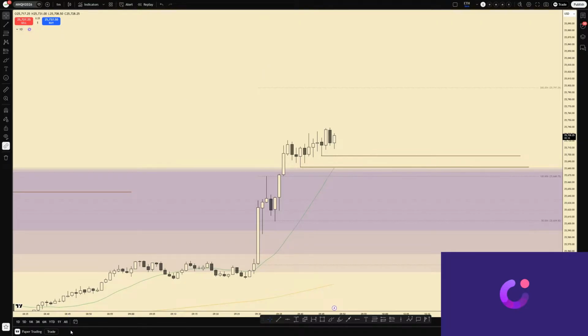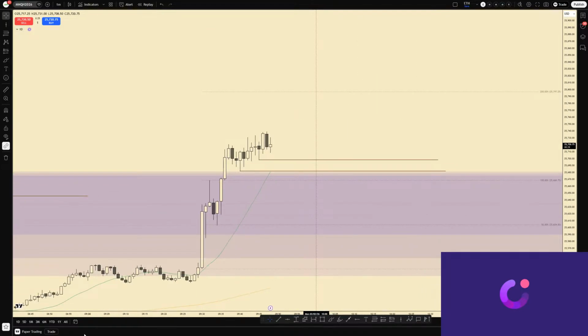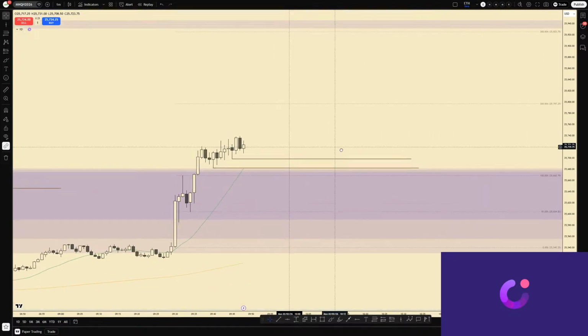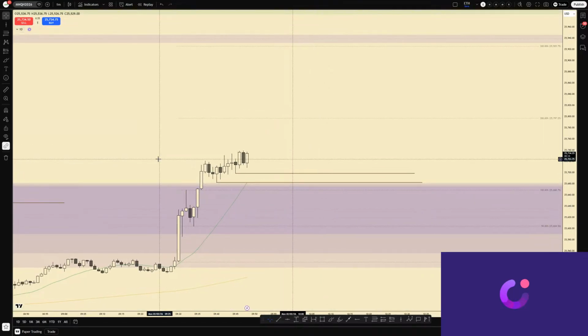We have a news release on 10 a.m. It is a red folder news, ISM manufacturing PMI. I don't like to be in setups right before the red folder news.